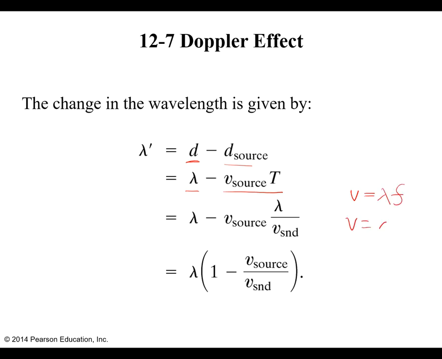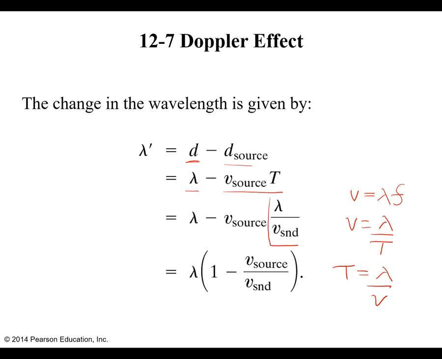Well, that also means velocity is equal to wavelength divided by time. Right? Distance divided by time, that's the definition of velocity. So that makes sense. Which means that the period T is going to be the wavelength divided by the velocity, and this would be of the original wave.